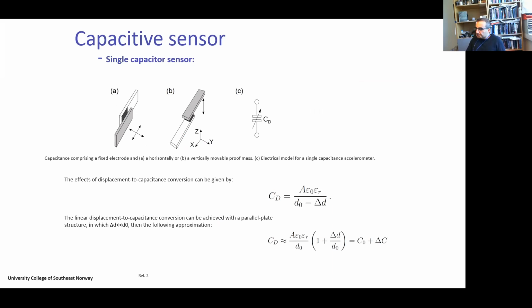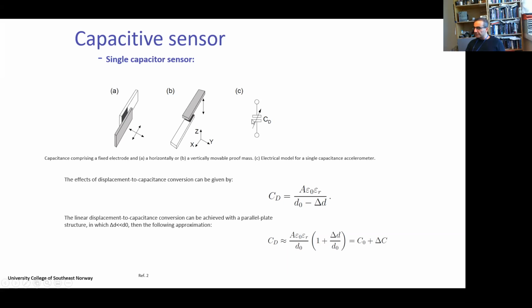So capacitors can be designed as sensors, and they can have different types of movements, different directions, but at the end they can be modeled as a variable capacitor, as a varactor.